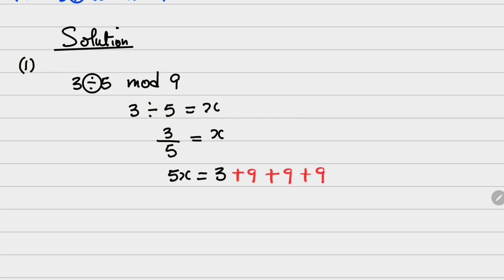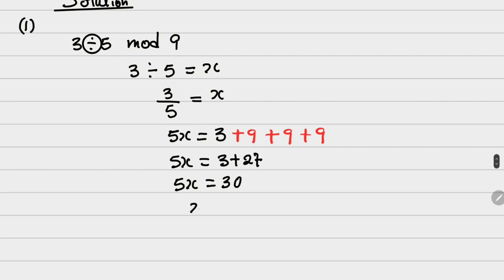Then plus another 9, which will now give us 30. So it will now be 5x equals 3 plus 27. 5x is going to be 30. So that you're going to have x to be 30 divided by 5, which is 6. So our answer is 6 mod 9. Now, let me tell you something.